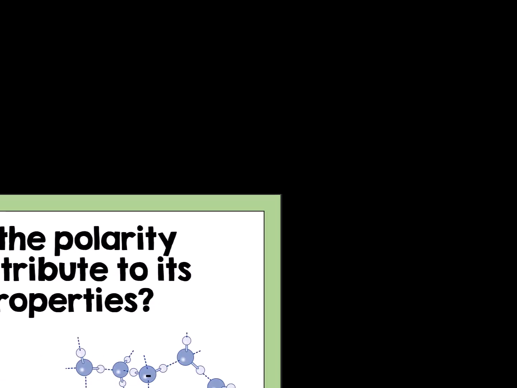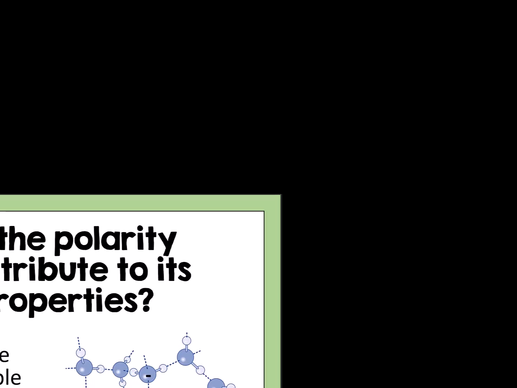How does this polarity of water attribute to its unique properties? So hydrogen bonds are weak, but they still enable water to have unique properties. This polarity of water causing hydrogen bonding between the water molecules gives water quite a few unique properties.